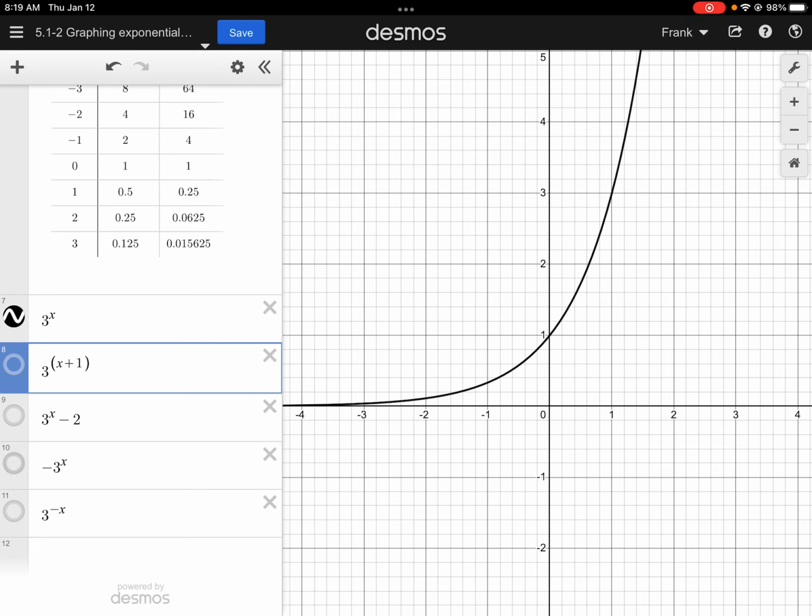Okay, just like all the functions that we've looked at, when there's a leading negative, it's reflected over the x-axis. You can see that happening right there. And then finally, our last one, 3 to the power of negative x. So there's a negative sign inside our function, and similar to the two functions we looked at earlier, this is reflected over the y-axis.